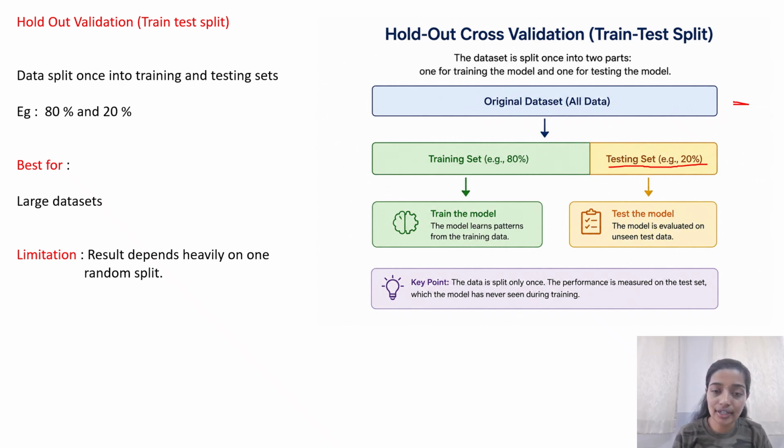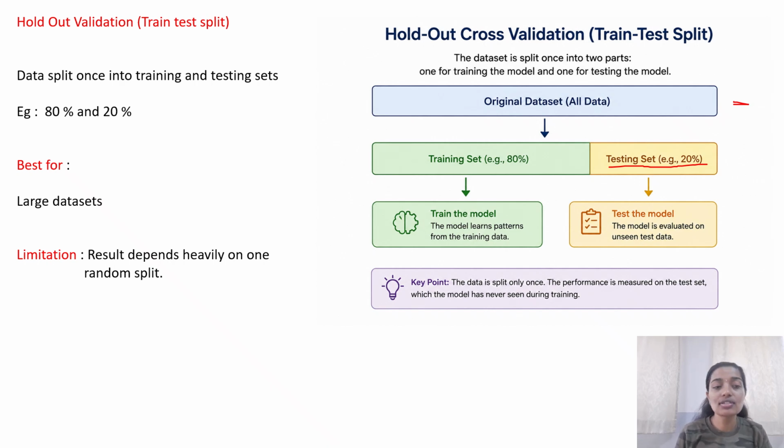So again, the result only depends on one split. This is the disadvantage of the train test split, that based on only one split, we are deciding whether the model is working well or not. We say that it is good for large data sets, when we have thousands of data points.